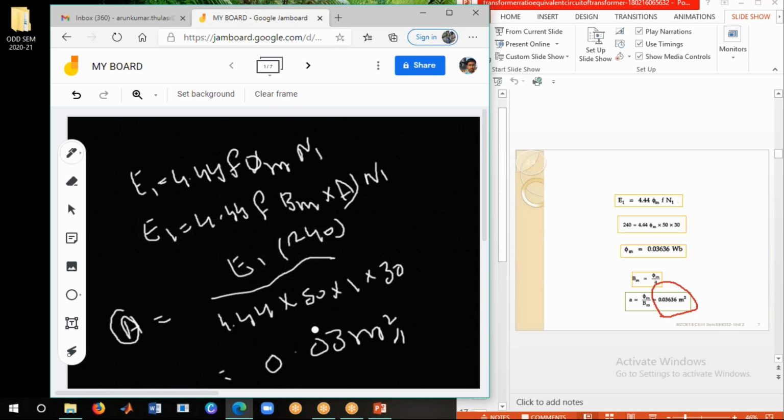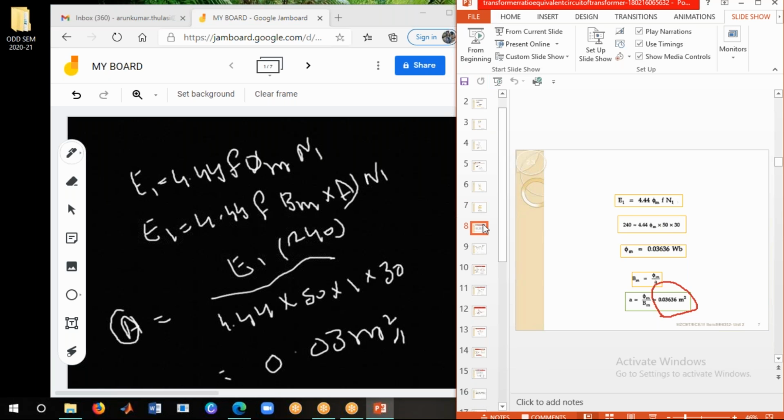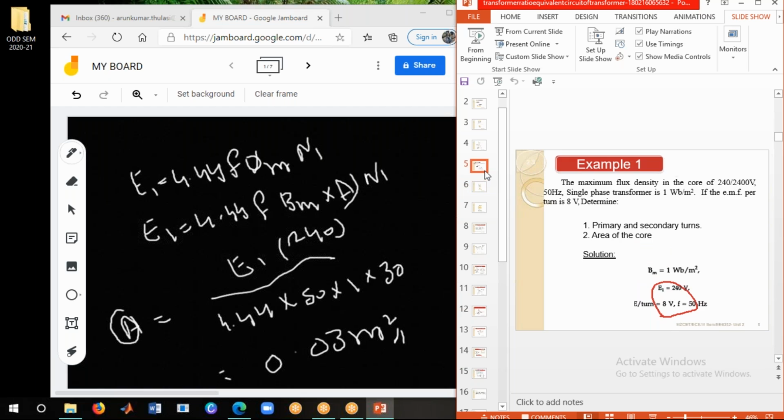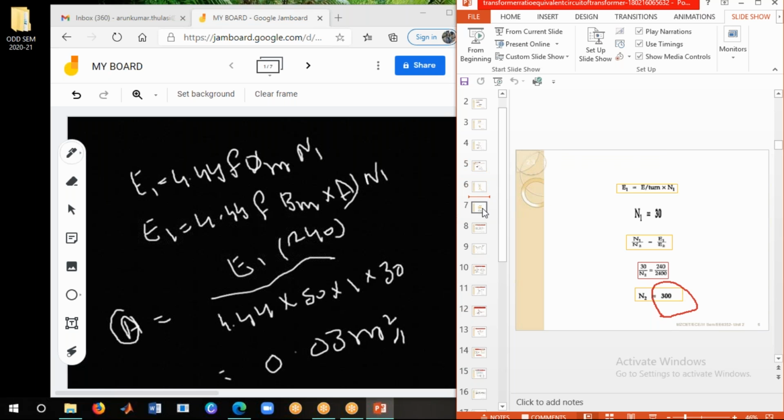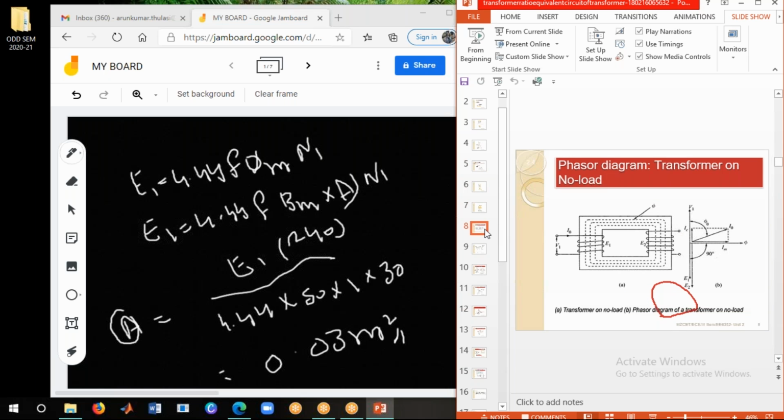Now you may get questions like this based on that EMF equation. So we'll see one more problem. Right, so this is the problem based on the EMF equation.